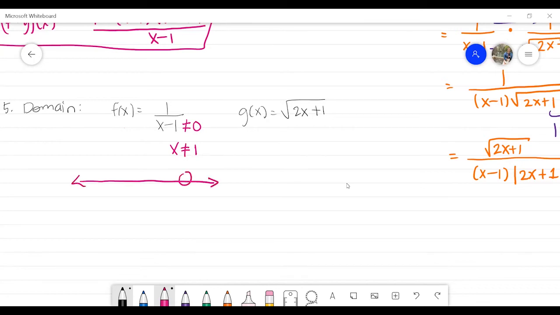So there's an open circle here at 1. Everyone else is shaded in. Okay. G of x, on the other hand, is a radical, so we take the radicand, the inside, and we set it greater than or equal to 0. So that's 2x greater than or equal to -1, and x greater than or equal to -1/2.